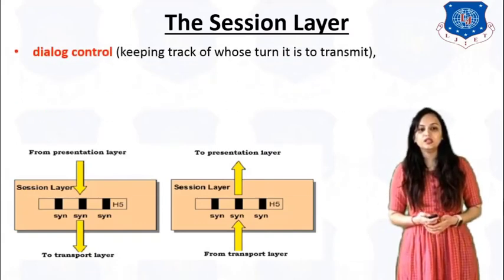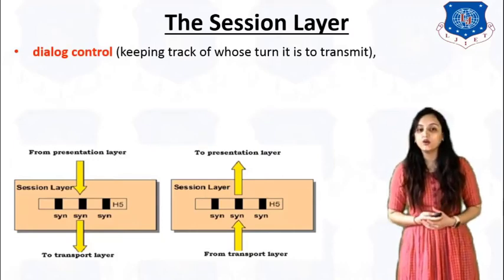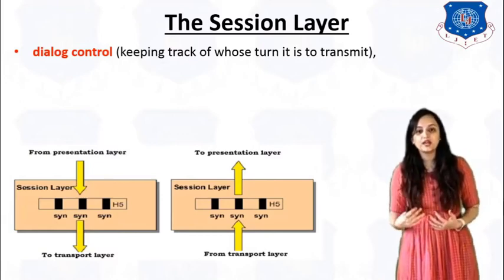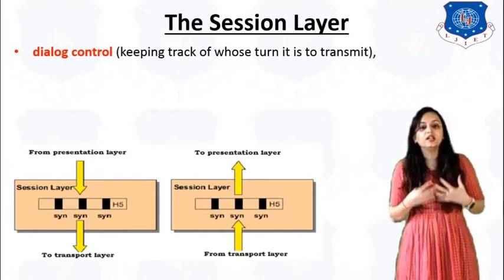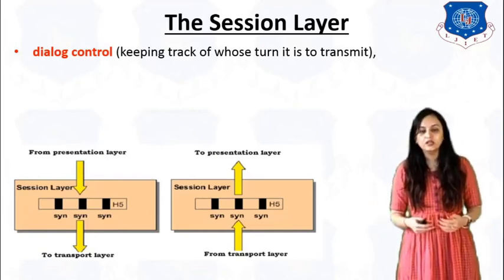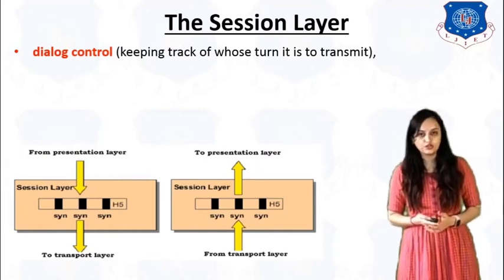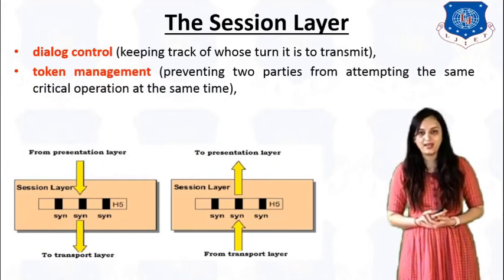Now, here are the roles of this session layer, in which the first role is dialog control, which is keeping track of whose turn it is to transmit. That means if there are multiple packets available, which is to be transmitted first, that is the role of dialog control. The next important role of the session layer is token management.